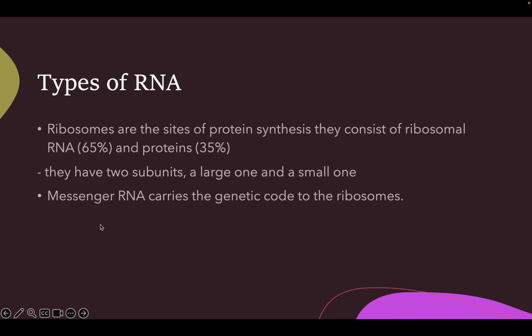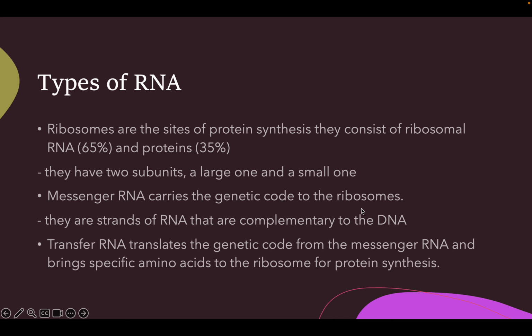So messenger RNA carries the DNA genetic information to the ribosome, where ribosomal RNA and proteins assist in the ribosomal activity for protein synthesis. And the messenger RNA, as I have talked about, is complementary to the DNA, right? And then another important RNA is the transfer RNA, the tRNA.